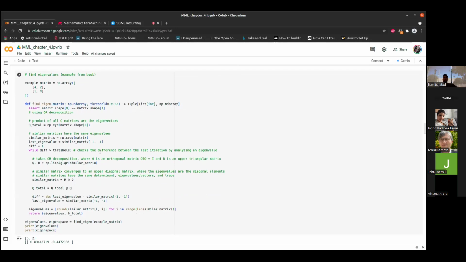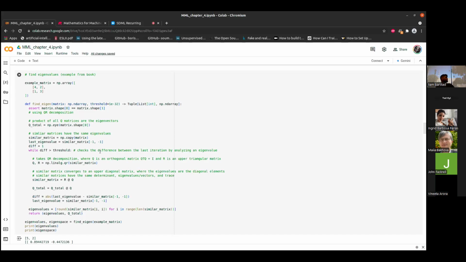If you're not familiar with QR decomposition, essentially for any matrix, you can decompose it into an orthogonal matrix Q, which represents a basis, more or less. And then R is an upper triangular matrix, so it has all zeros underneath the diagonal.